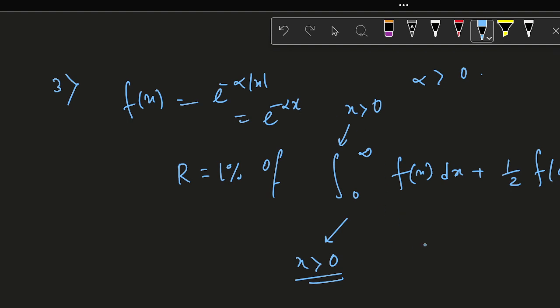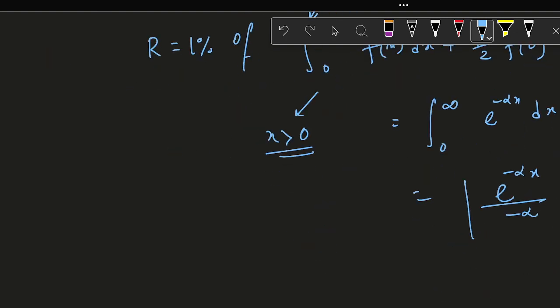Okay, so this integral is what? This is the integral from 0 to infinity of e to the power of minus alpha x dx plus half into f(0), which means e to the power of minus alpha into 0, which is e to the power 0, that is 1. The integral is e to the power minus alpha x by minus alpha going from 0 to infinity, and this is half into 1, which makes it half.